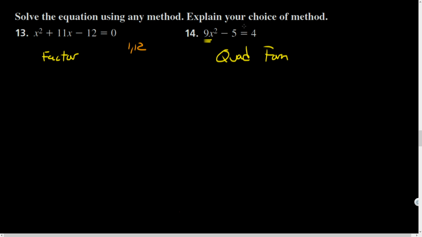Oh, wait a minute, guys. You could have done that. I thought one of these was a b term, but it wasn't. There's no b term. And so then I could solve using square roots.